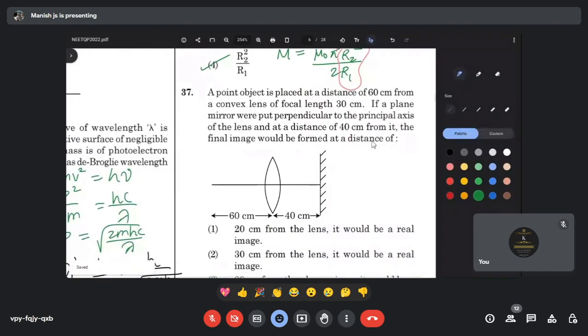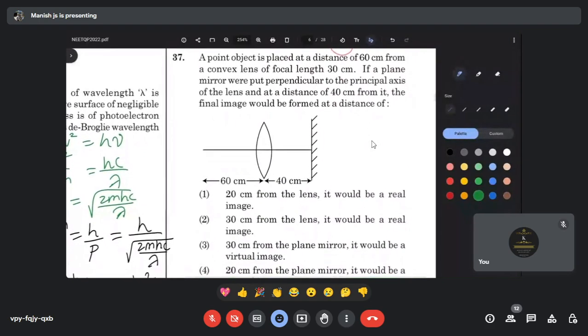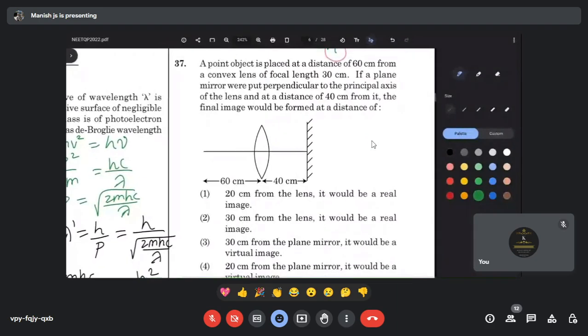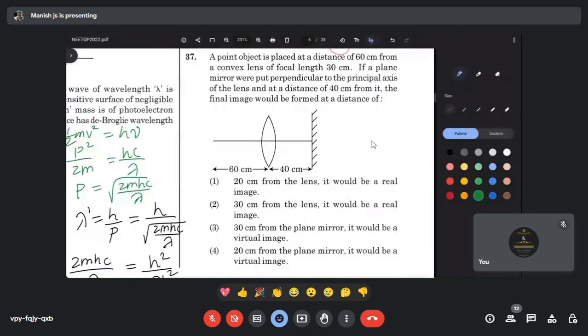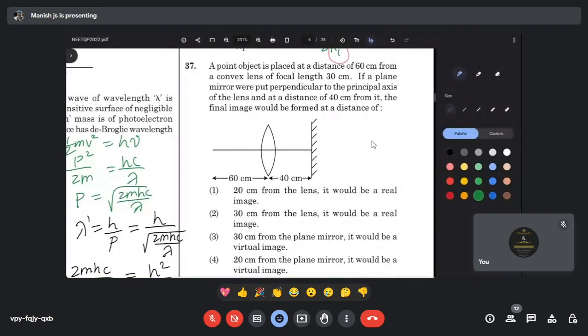So question number 36. Yeah, this is quite big. So just read slowly the question number 37. A point object is placed at a distance of 60 centimeter from a convex lens of focal length 30 centimeter.